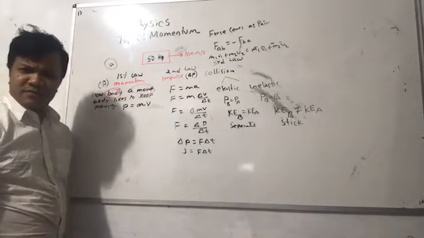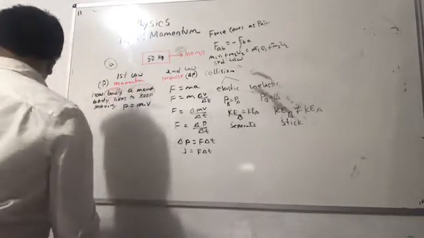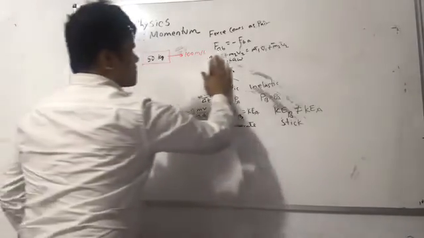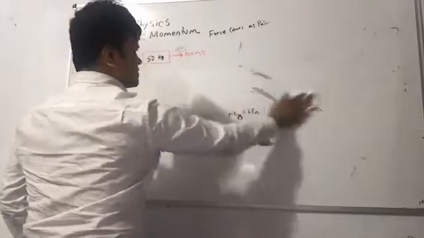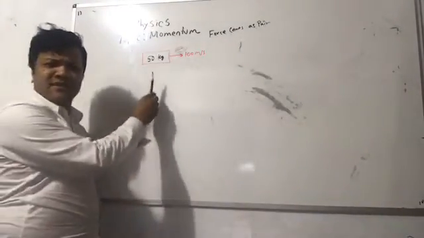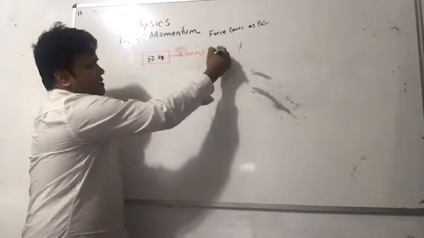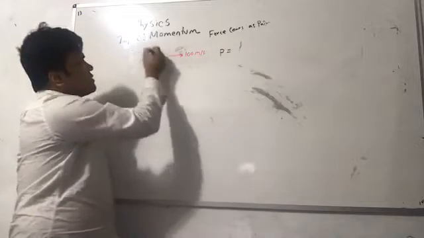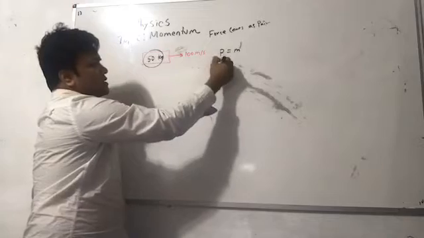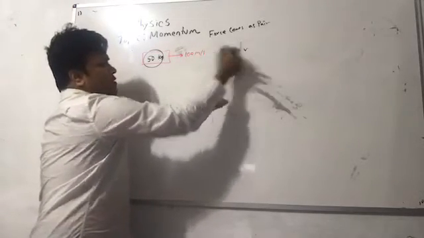Now let's go solve this problem. I'm sure we'll be able to solve it now. As we said, there is a grenade in the air. We have to find the momentum of the grenade. What is the momentum? P equals m, which is 50, times v, which is 100.